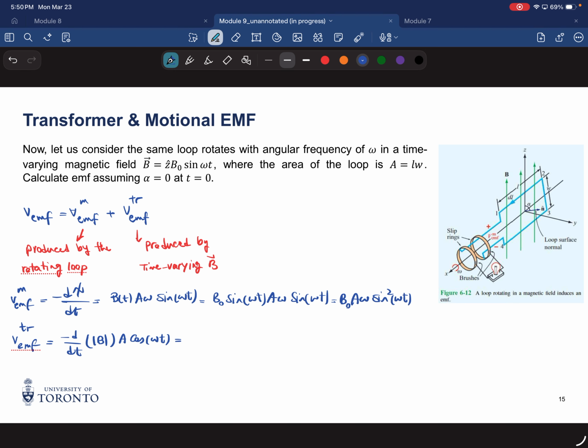So this is going to be minus d over dt of B naught sine omega t, A cosine omega t, which is going to be minus B naught A omega cosine squared omega t. Instead of doing this, we could have just multiplied B and alpha, the two expressions, and then taken the derivative. Yes, like a mathematician. This is just explaining the physics behind it, right?